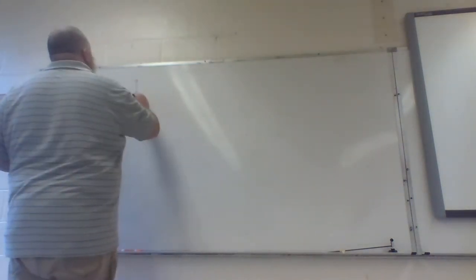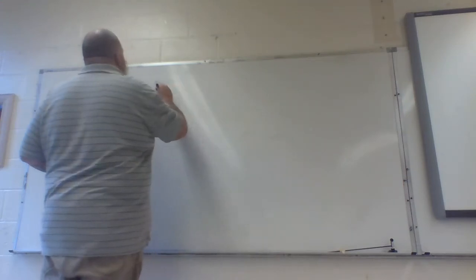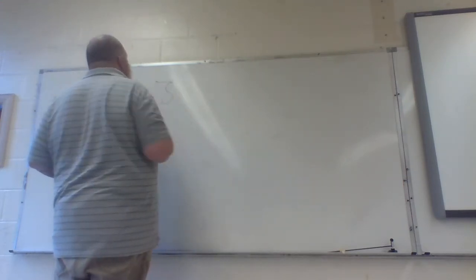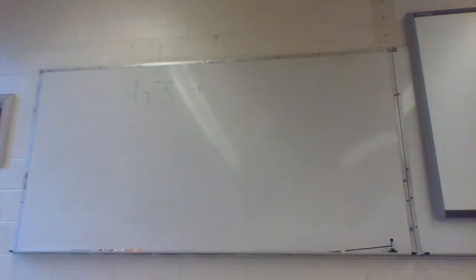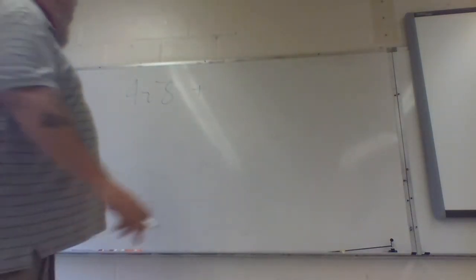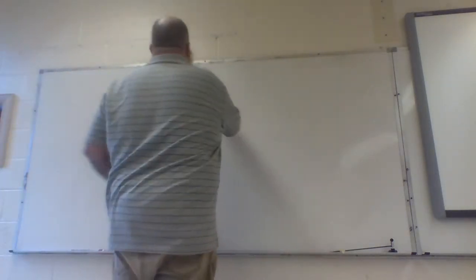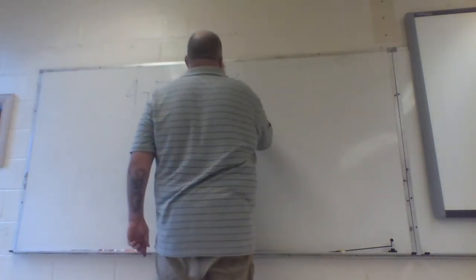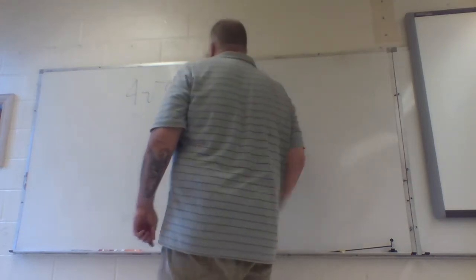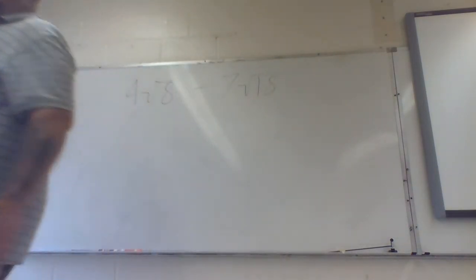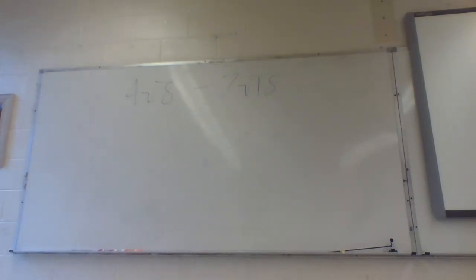Let's do 4 times the square root of 8 minus 7 times the square root of 18. Now you're going to have to simplify both sides, but I have faith that you can all do it.